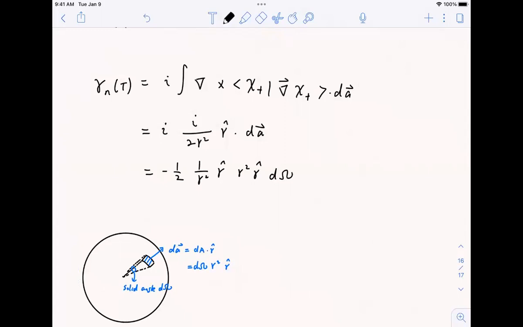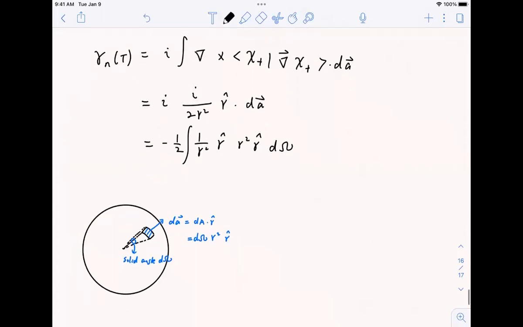Do the integration. r dot r will be 1, so you have 1/2 d solid angle, and then eventually just 1/2 solid angle. So the Berry phase in this process is negative 1/2 of the solid angle.